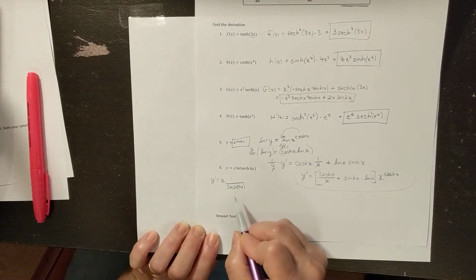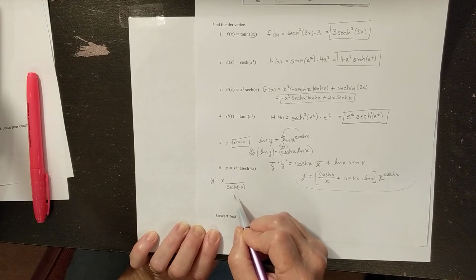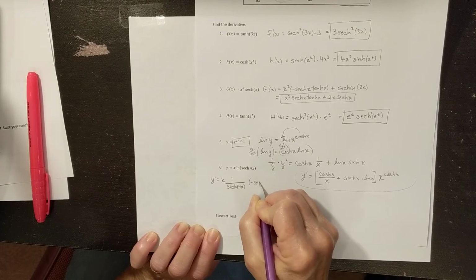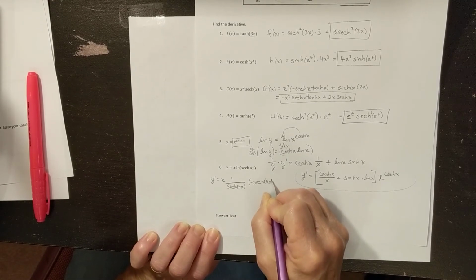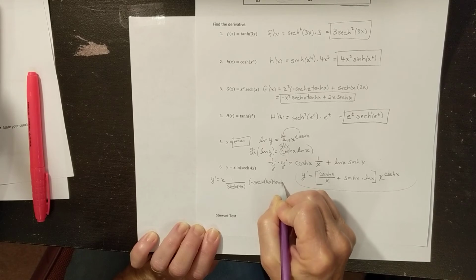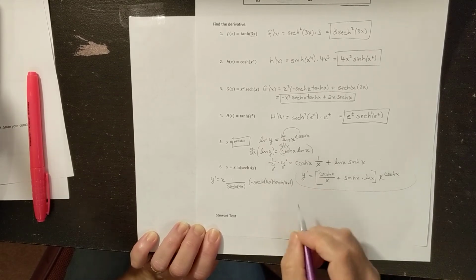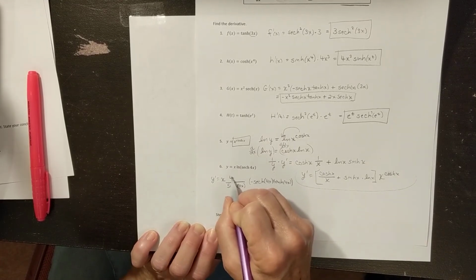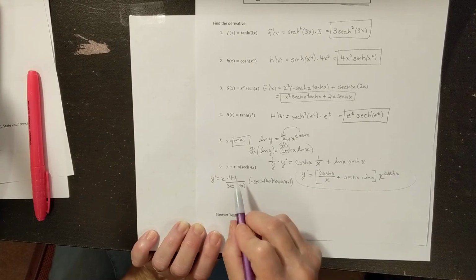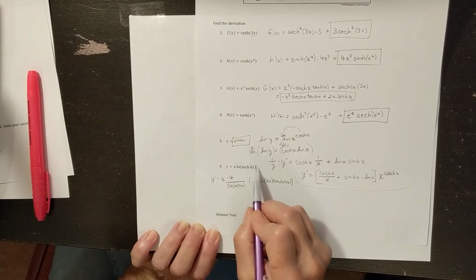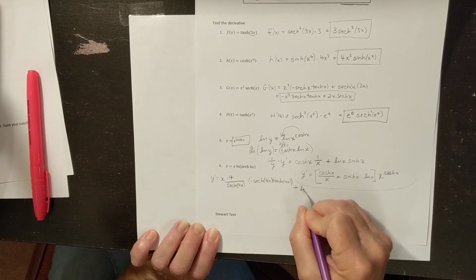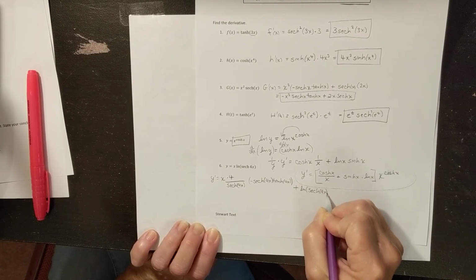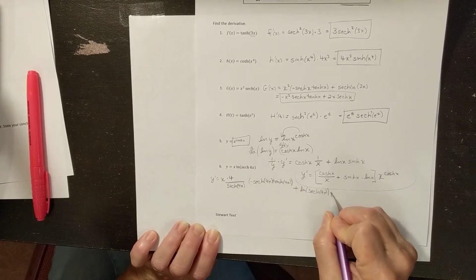Times, this is a lot of chain rule going on, the derivative of hyperbolic secant, which is negative hyperbolic secant of 4x times hyperbolic tangent of 4x, times finally the derivative of the most inner function, which is 4x, times 4. So I'm just going to put times 4 right there. Okay, first times the derivative of that, plus second, the natural log of the hyperbolic secant of 4x, times the derivative of the first, which is just a 1.